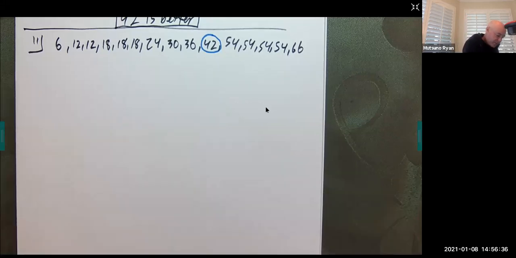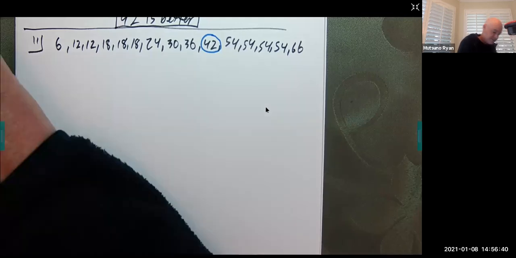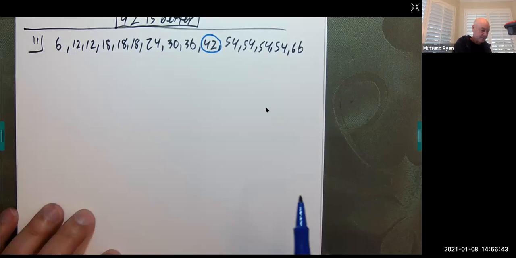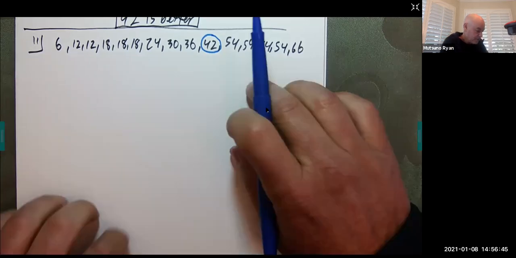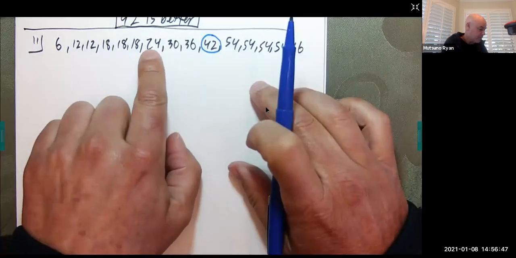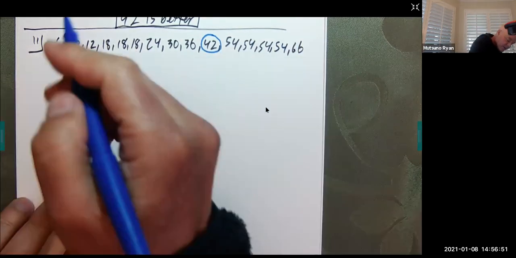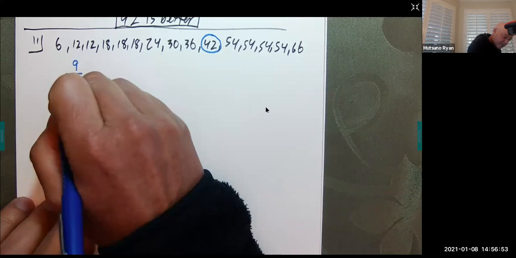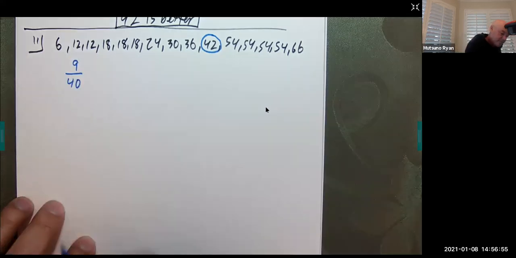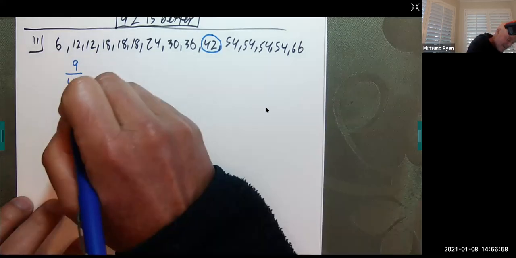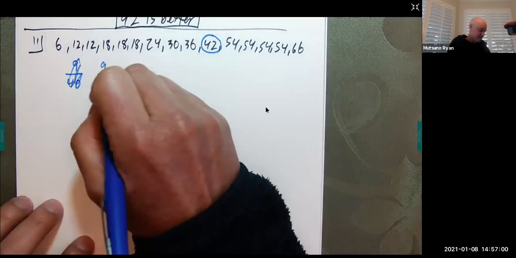By the way, there's a total of 15 pieces of data. And how many are below my 42? 1, 2, 3, 4, 5, 6, 7, 8, 9. So there are 9 out of the 15.